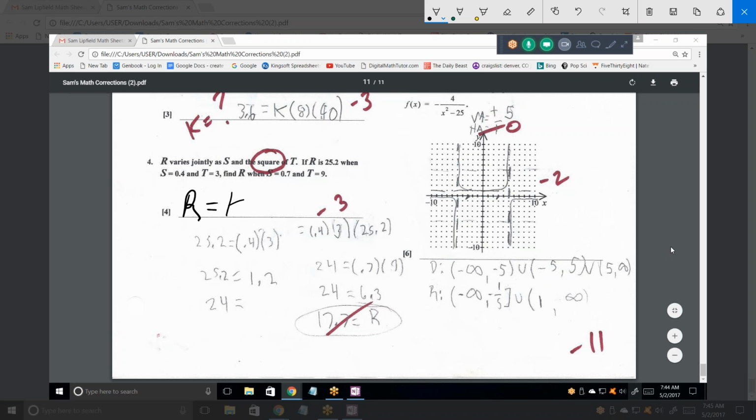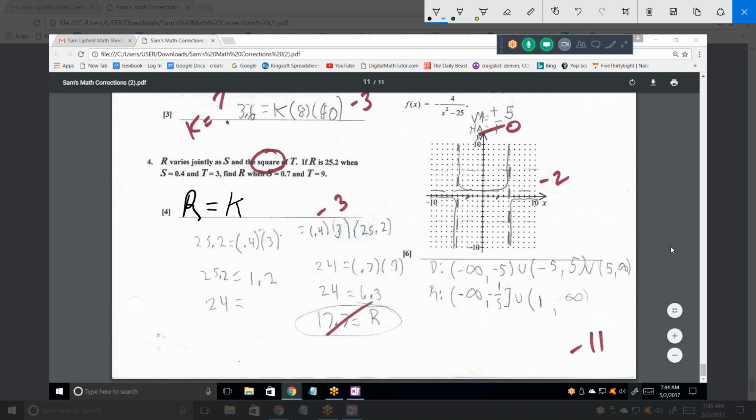It doesn't matter how it varies. It starts with k. If it varies inversely, then k is going to be right there, and I'm going to have a denominator. If it varies directly, k is going to be right there, and I'm going to have something that's multiplied. Well, this varies jointly. That means it varies with two different variables that are being multiplied together.